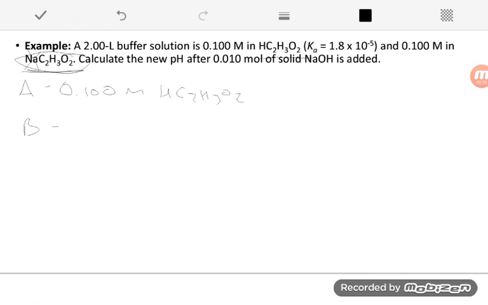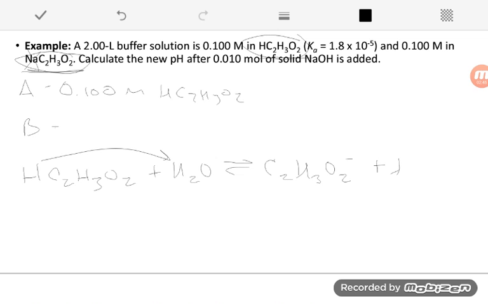If I can't see that immediately, once I figure out what my first piece is, whether it's an acid or base, I can write an equation of that guy reacting with water. So I have acetic acid plus water. I know that this is my acid, so he's going to donate and produce a C2H3O2 minus ion and my H3O plus.